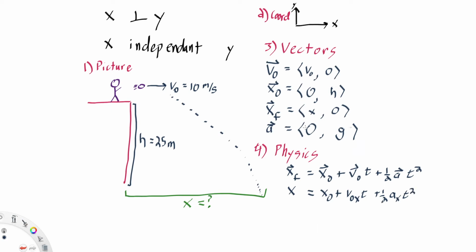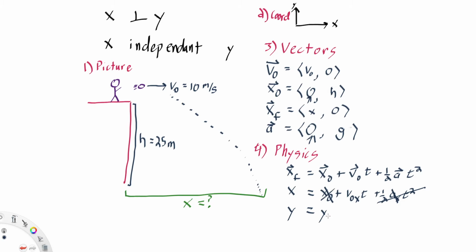If we take a look, the x part of the acceleration is 0, so this whole term goes away. Also, the initial x position is also 0, so the first and the third terms go away.